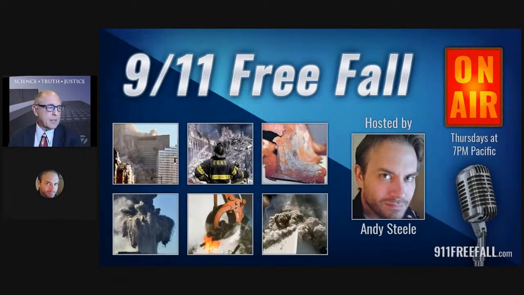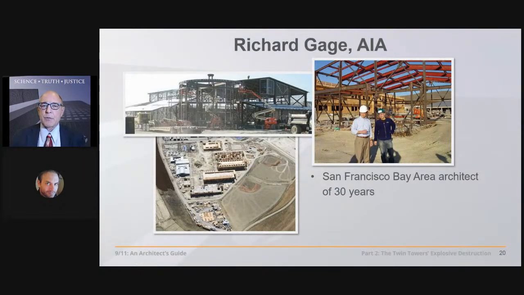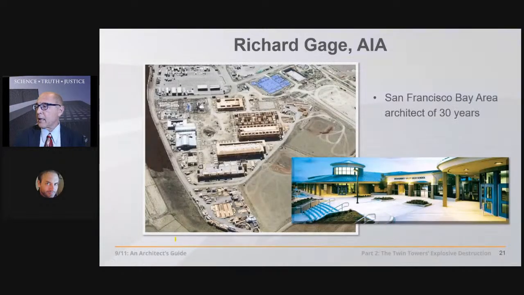Just so people know something about my background, I was responsible at a local firm here in the San Francisco Bay Area for the construction documents for these $3 and $10 million gymnasiums, and for this $120 million high school, the construction administration.